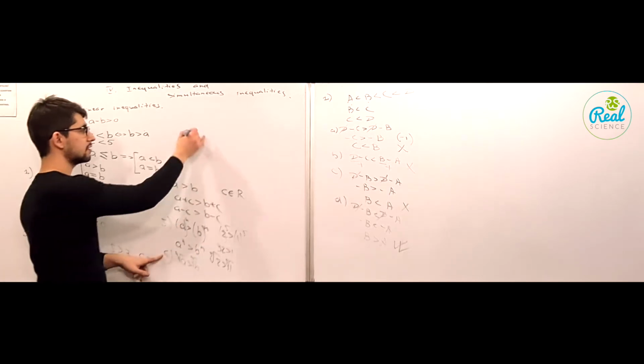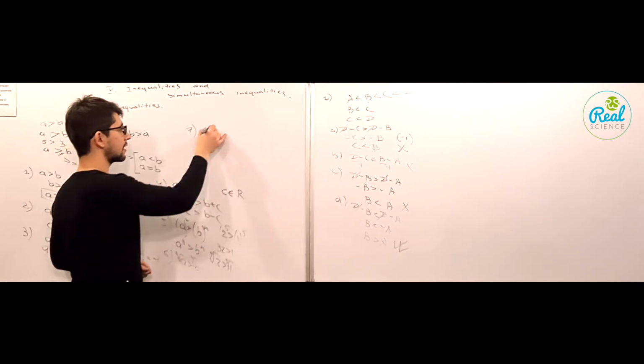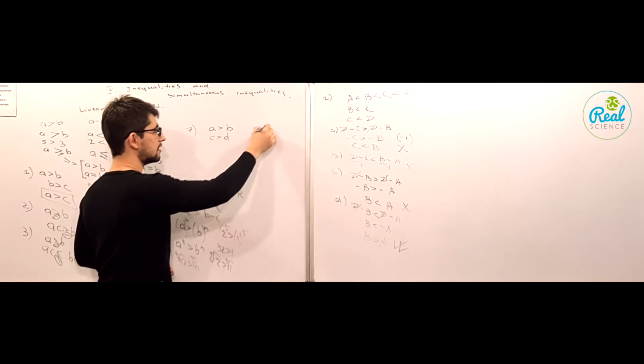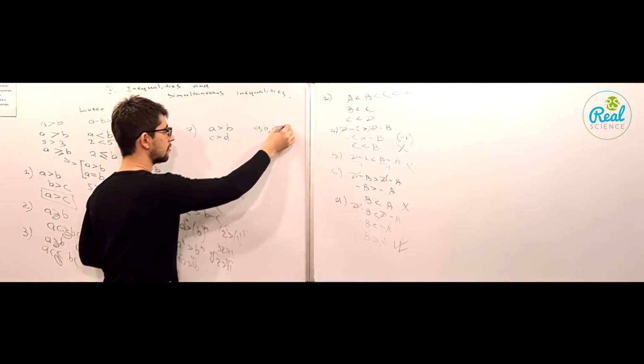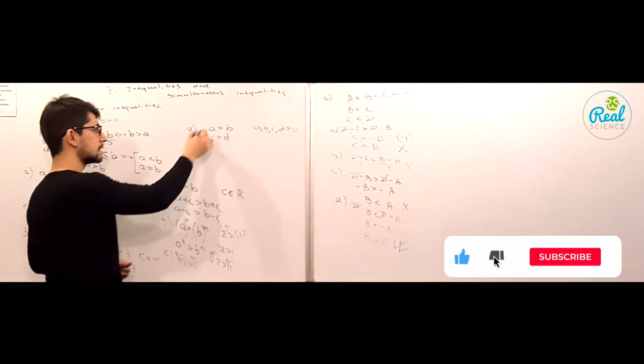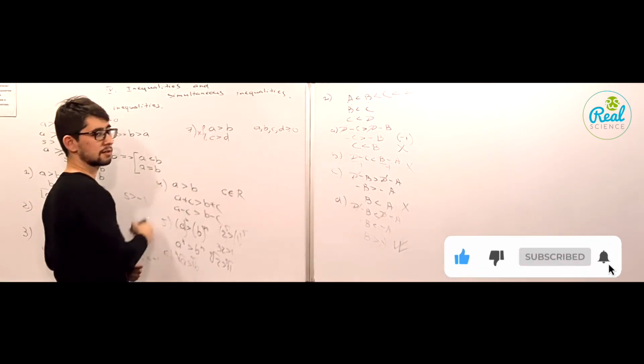So here we have more formulas saying A greater than B, C greater than D, and A, B, C, D, all of them are positive, okay? In that case, you can multiply them.